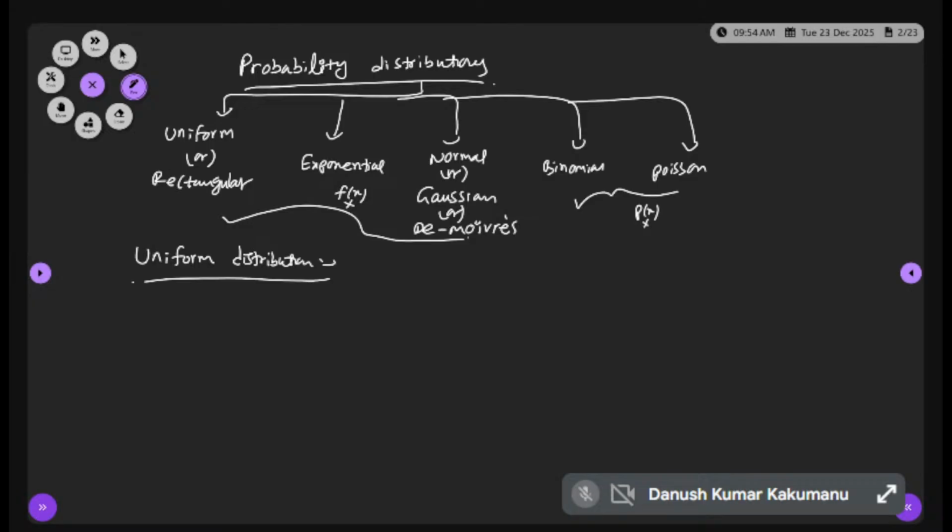For uniform distribution, which function do we have to use? PDF. Right.